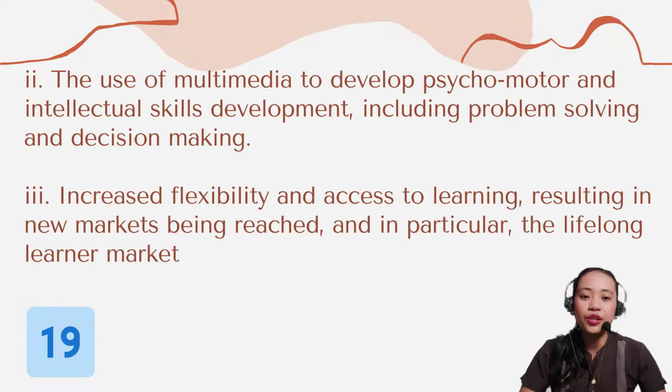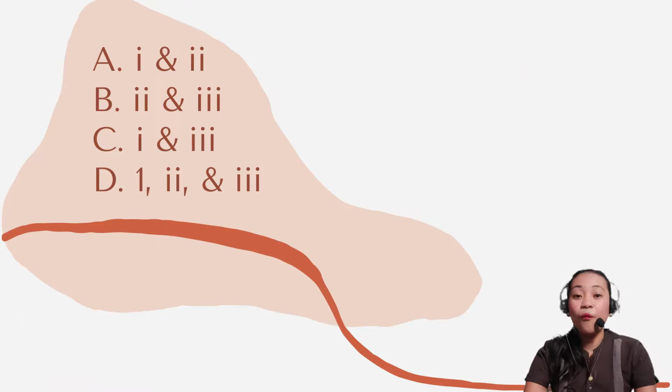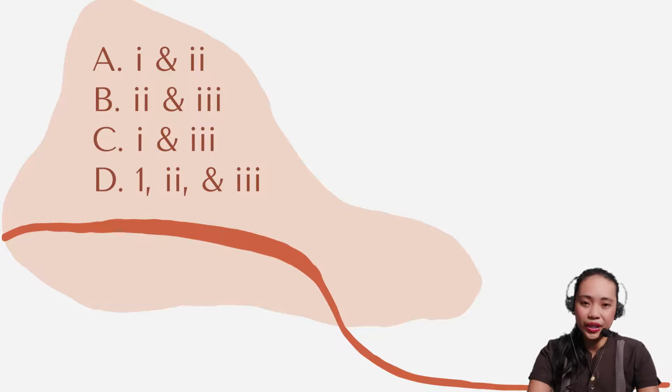Number 2, the use of multimedia to develop psychomotor and intellectual skills development, including problem solving and decision making. Number 3, increased flexibility and access to learning, resulting in new markets being reached, and in particular, the lifelong learner market. The choices are letter A, 1 and 2, letter B, 2 and 3, letter C, 1 and 3, or letter D, 1, 2, and 3.